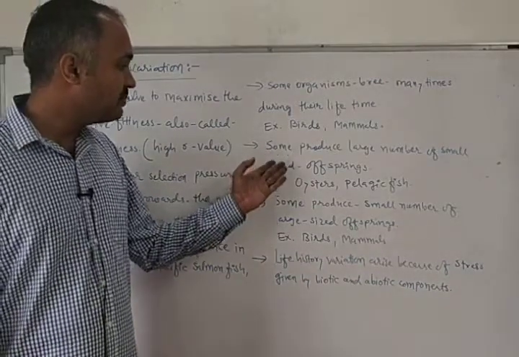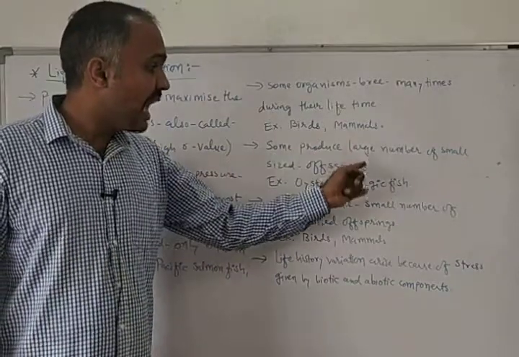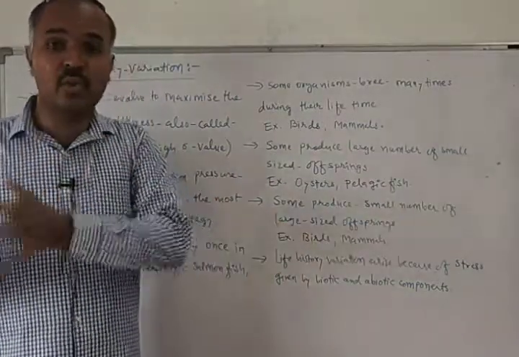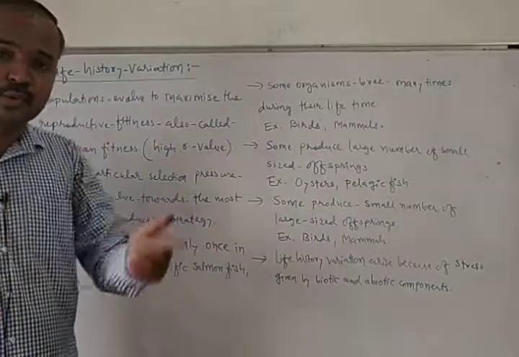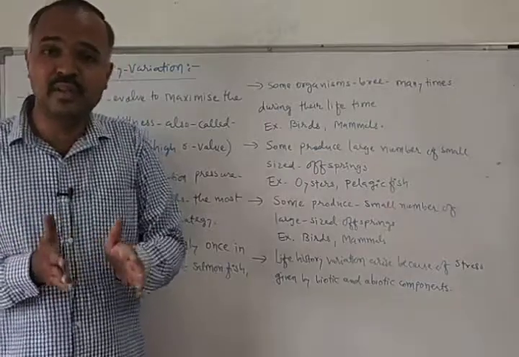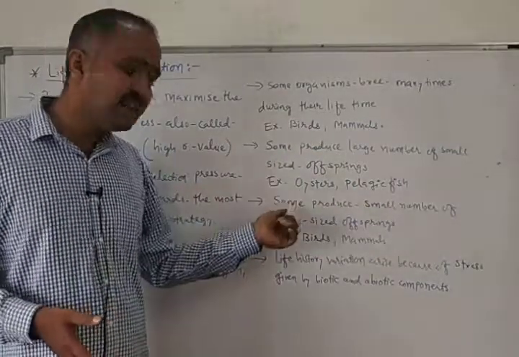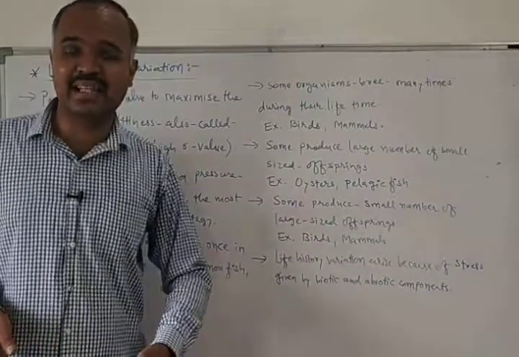Then the third kind of strategy is that some organisms produce a large number of small sized offspring. This is found in oysters as well as pelagic fish.